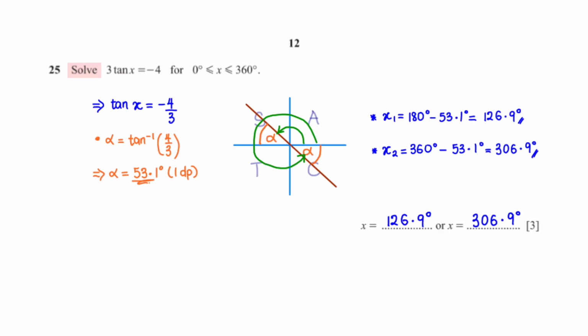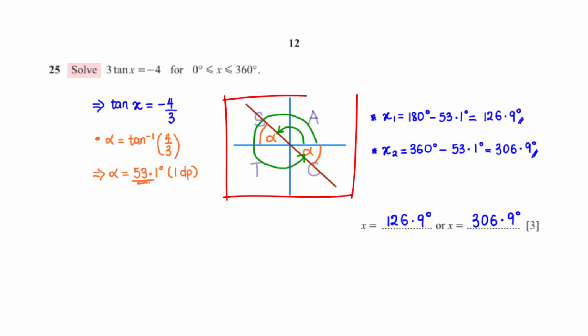Now that we've made tan x the subject, we need to find the value of alpha, which is the reference angle that will allow us to find all the possible values for x in the given range. We find alpha by taking the tan inverse of the positive value of negative 4 over 3, which is 4 over 3. When we type this into the calculator, we get 53.1 degrees rounded to one decimal place.